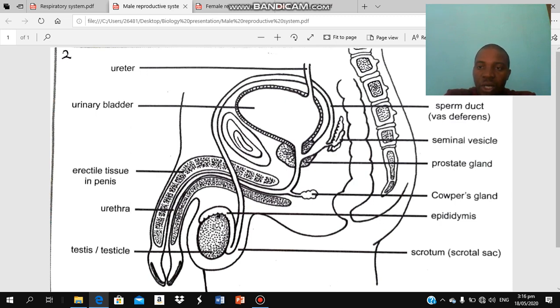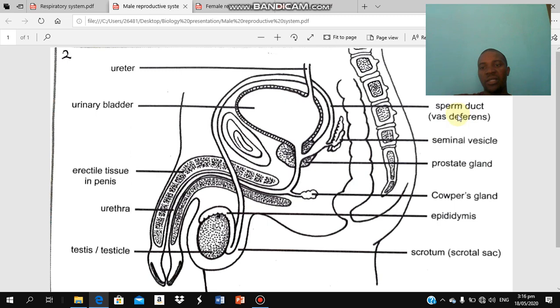Today we are only going to focus on the male reproductive system. The basic competence says: identify different parts of the male reproductive system and state the function of each part. There are a lot of parts, and we are going to mention others.